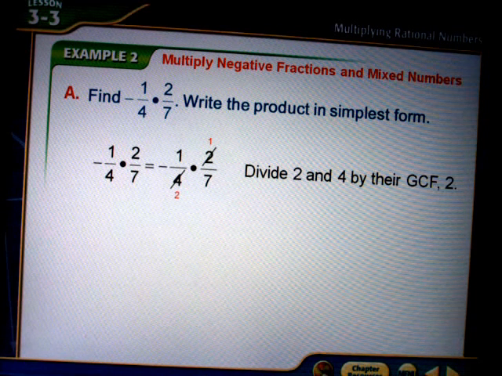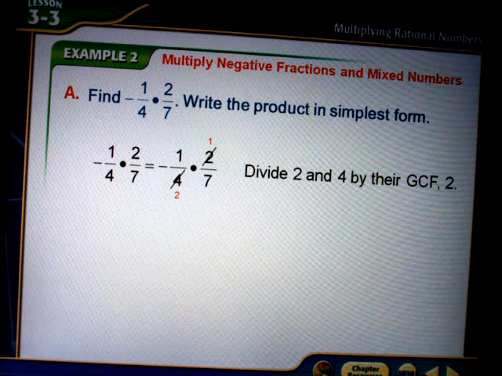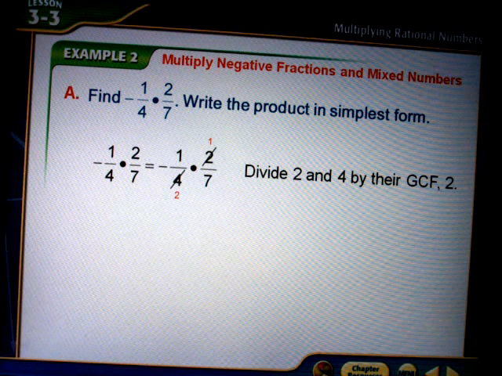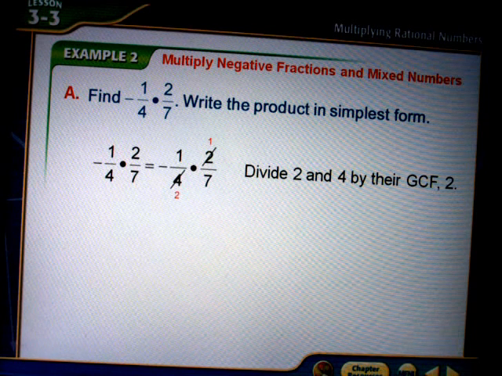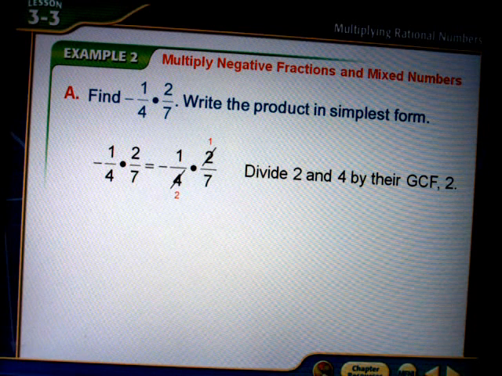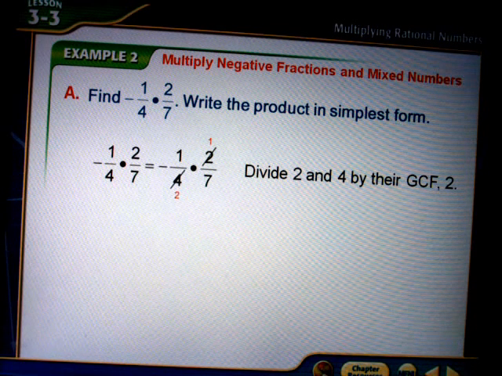Now, they're going to do what's called simplifying, where they pull out the terms that they would have to divide out. You can either simplify before you multiply, or simplify after you multiply, but either way you're still going to have to simplify.